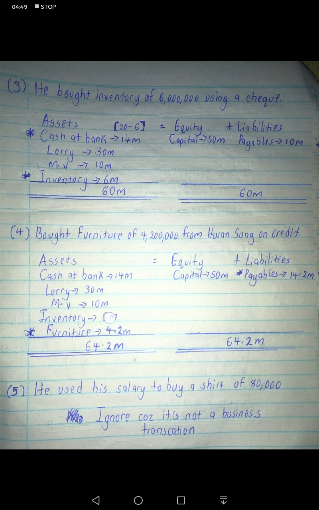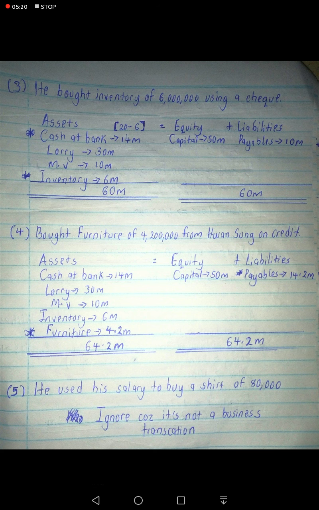Furniture of 4.2M. Then equity remains the same. Then the liability is going to increase. From 10M, you add 4.2, which gives you 14.2, because he bought it from Hang Seng on credit. When I add 4.2, this side gives me 64.2M, and this side also gives me 64.2M.